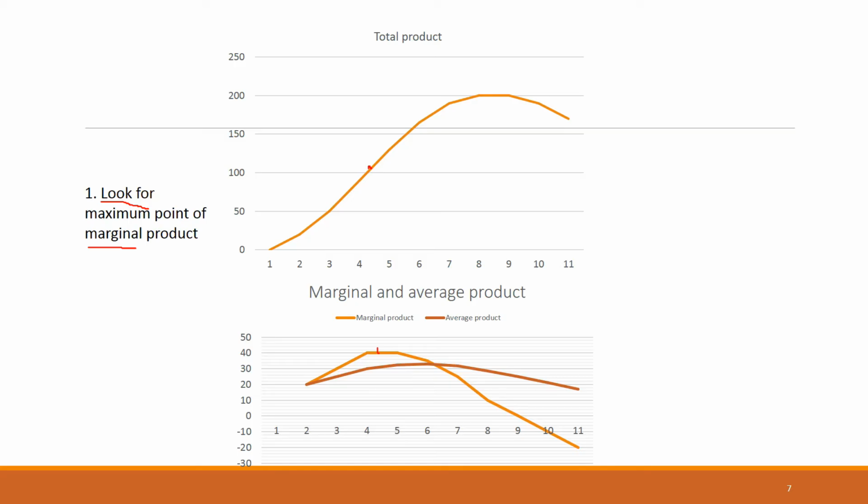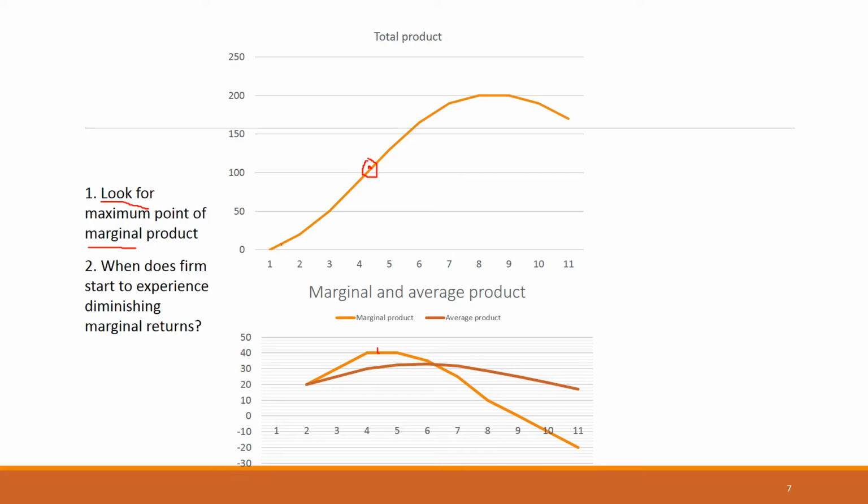If you were to draw tangents to this curve over here at different points, you're going to see that the gradient rises until this point where it gets to a maximum, and thereafter the tangents drawn to the total product curve, their gradients will fall as marginal product falls. So the maximum point of marginal product will occur somewhere over here.